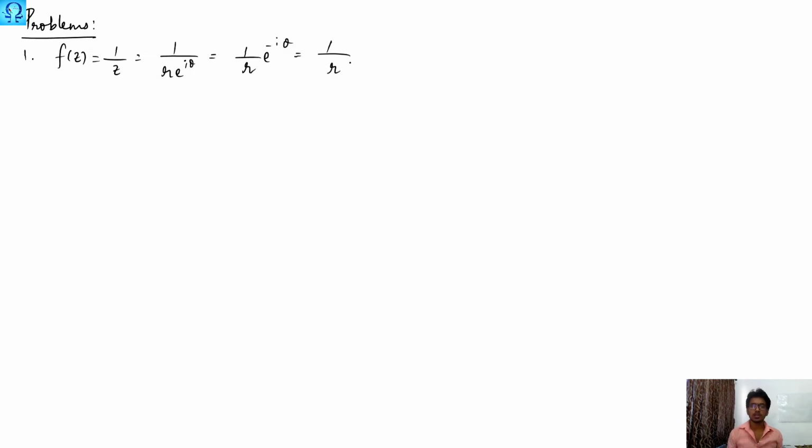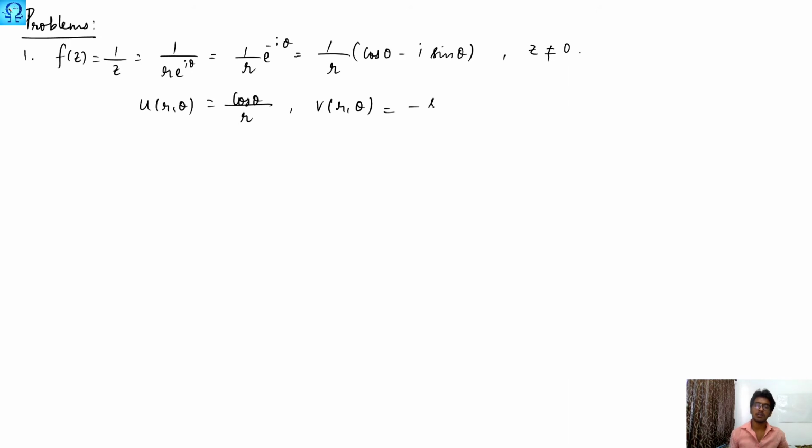So when you express this, this is going to be cos theta minus iota times sine theta, with one condition, that is z is non-zero. So here u of r comma theta is cosine theta upon r, and v of r comma theta is minus sine theta upon r.